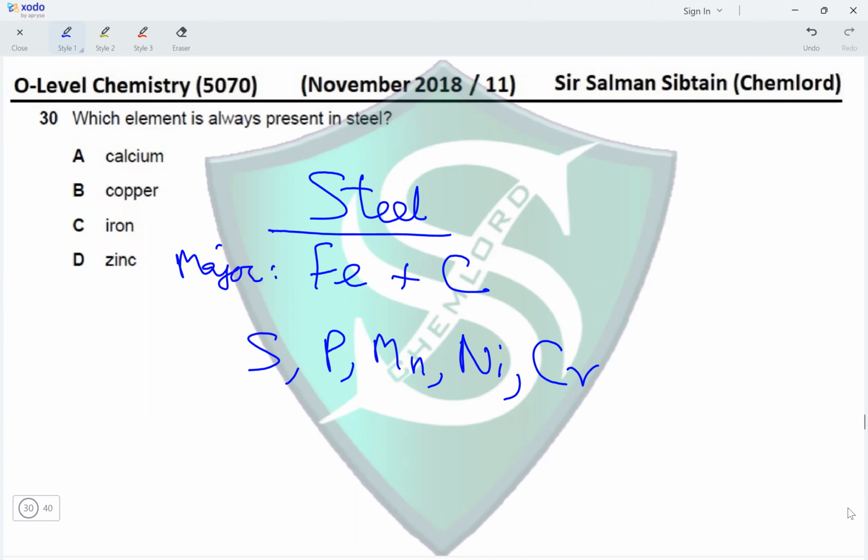Major components being iron and carbon, minor components being sulfur, phosphorus, manganese, nickel, and chromium. So out of these, the options we have are calcium, not there, copper, not there, iron is there, and zinc, not there. Therefore, the correct option for this question is option C.